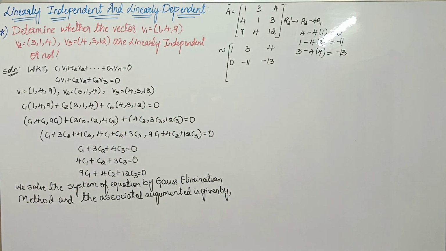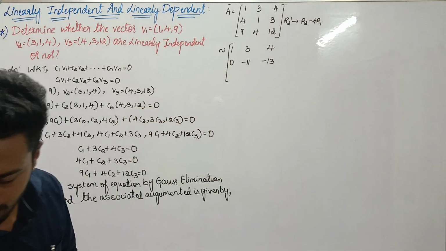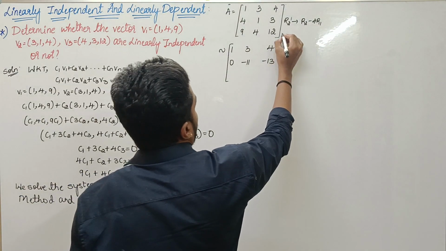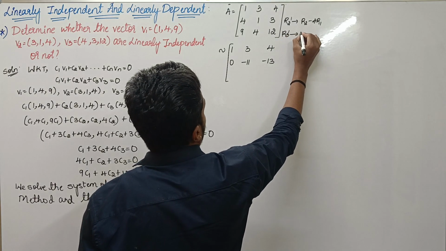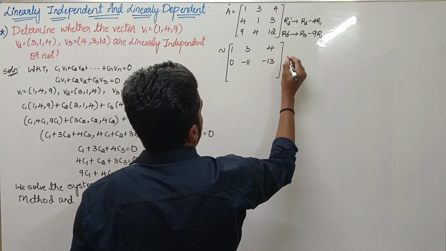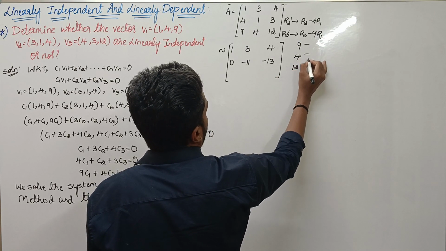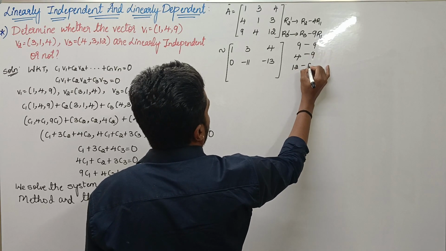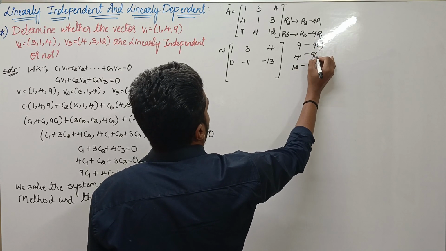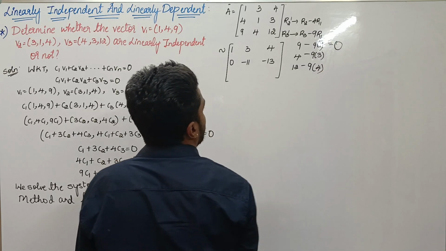Next, with the third row, R3 dash changes to R3 minus 9 times R1, which is 9, 4, 12 minus 9 times 1, 9 times 3, 9 times 4. 9 minus 9 is 0.